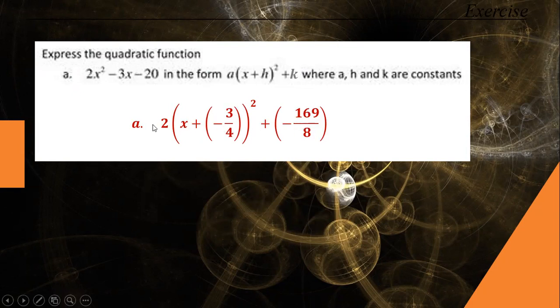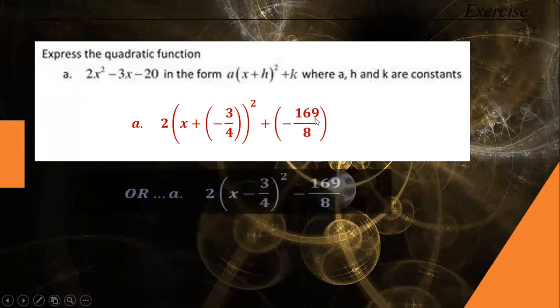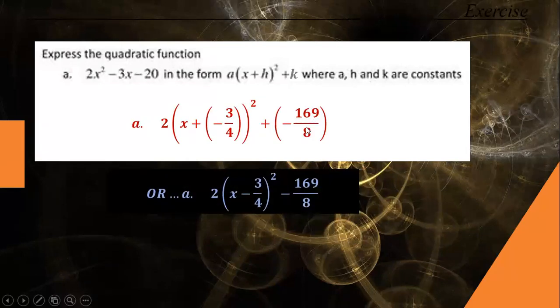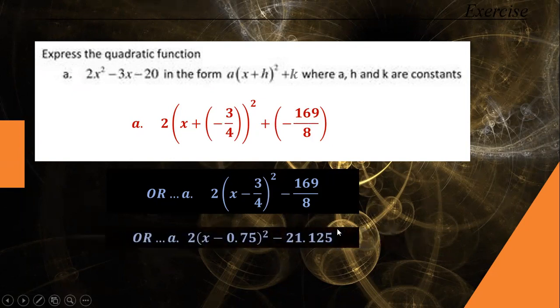We can express it in this fraction form, or we can simplify the plus and minus. A plus and a minus is a minus, or you can express it as a decimal. Are you cool with this?